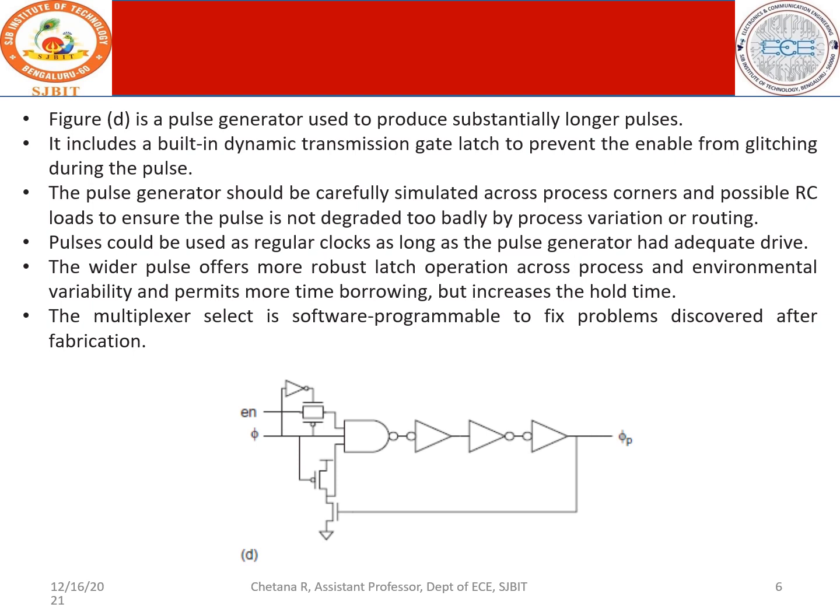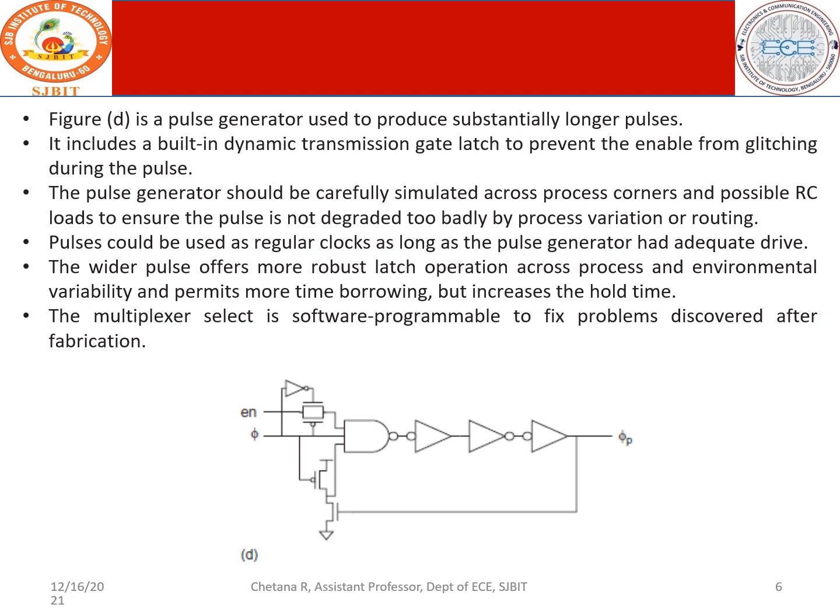The RC loads should be properly taken care of, so that they will not have a drastic effect and the pulse will not degrade due to process variation or routing. In case of wrong routing algorithms, they can give rise to a degraded version.